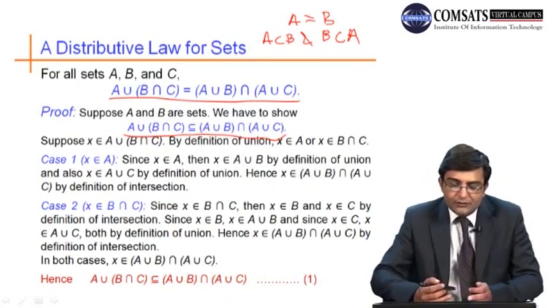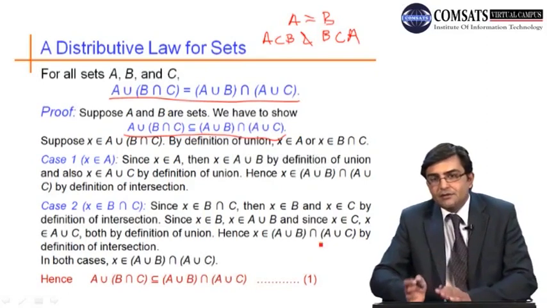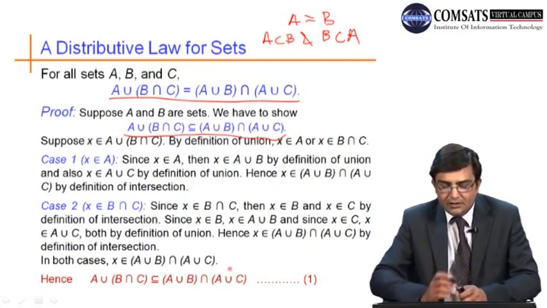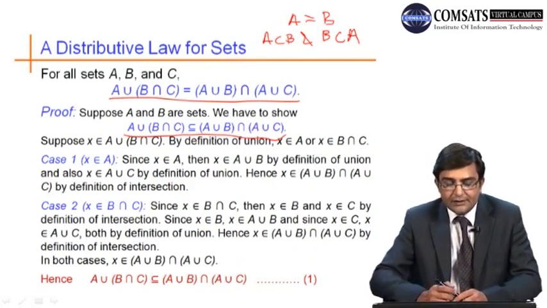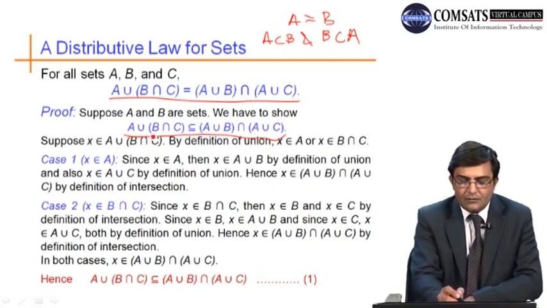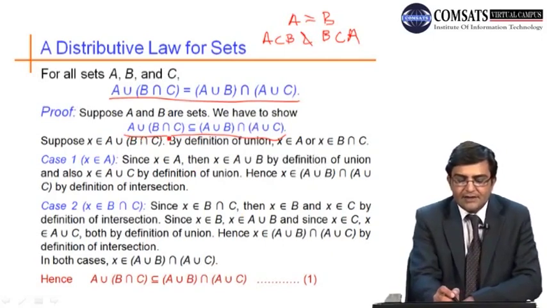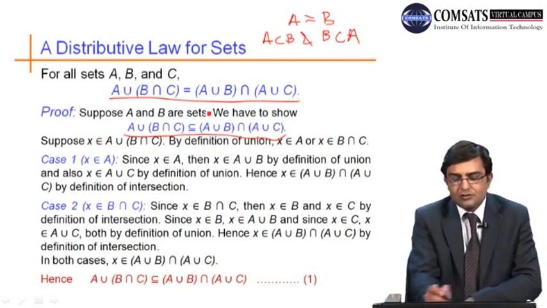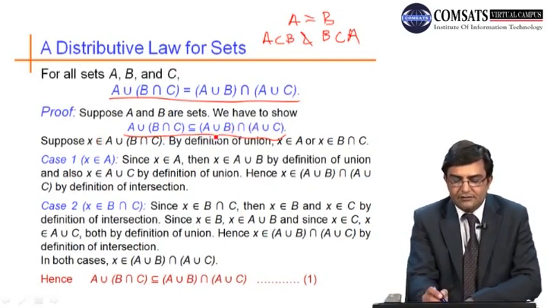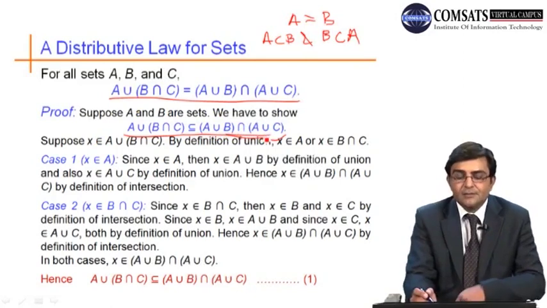How do we prove that one set is a subset of another set? We have discussed it earlier. We take an arbitrary element of the left hand side, and then we prove that this element belongs also to the right hand set.